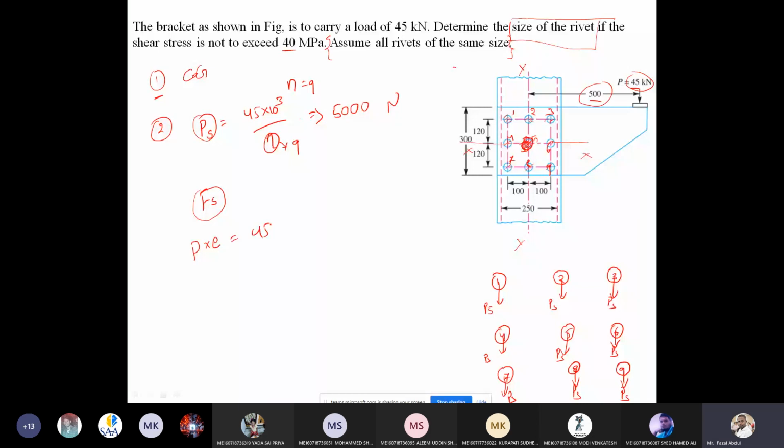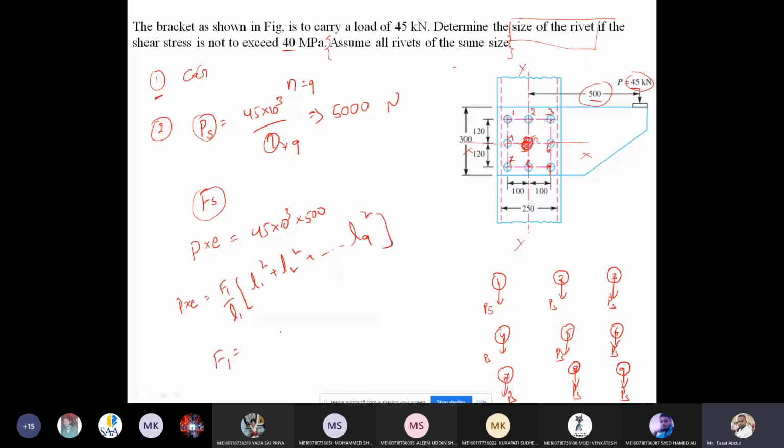So this will generate a turning effect on each rivet. So the total turning moment on the system is equal to F1 by L1 times L1 square plus L2 square plus up to L9 square. With this equation, we are going to calculate the secondary shear force in newtons.